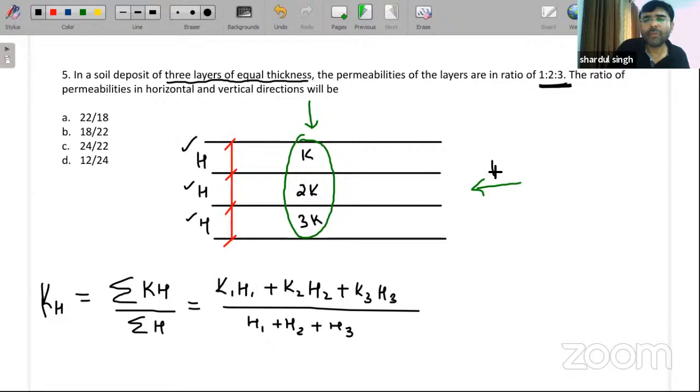This is the permeability for flow in the horizontal direction. And what is the permeability when the flow is vertical?